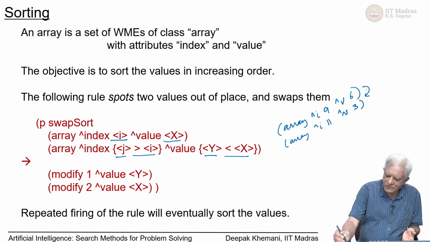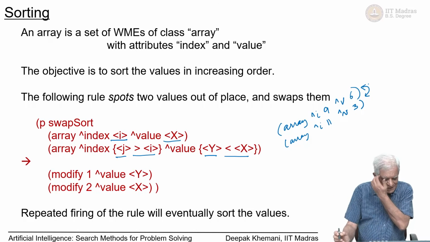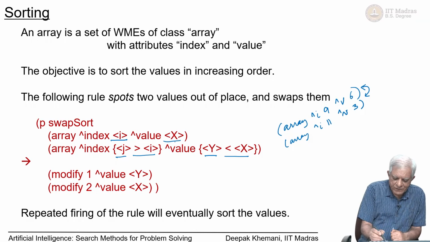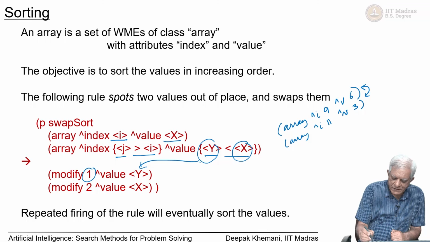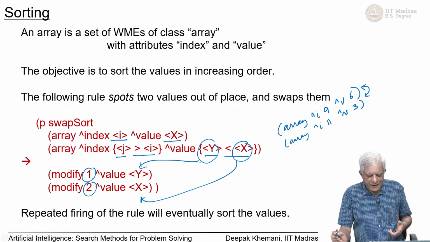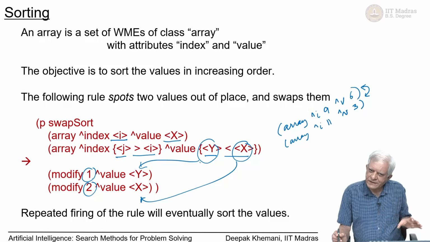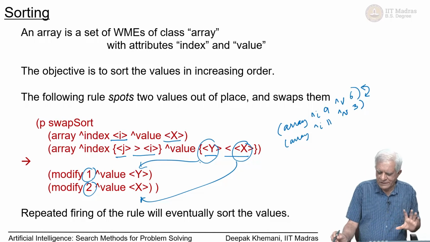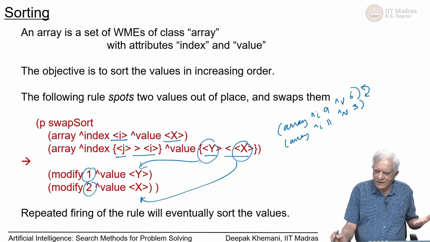So, essentially we are going to swap these two elements, and that is what is happening here: whatever was stored in the second element has now got into the first element, and whatever was stored in the first has gone into the second element. So, basically we have swapped, and this one rule is enough to sort this whole array. It will just repeatedly fire till there is no mismatch somewhere.